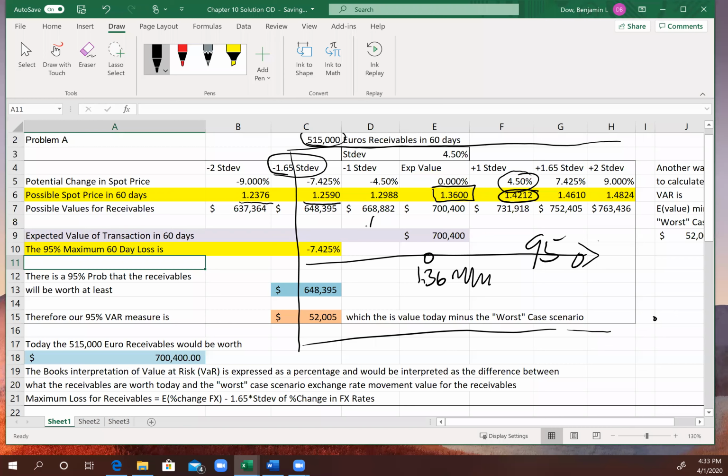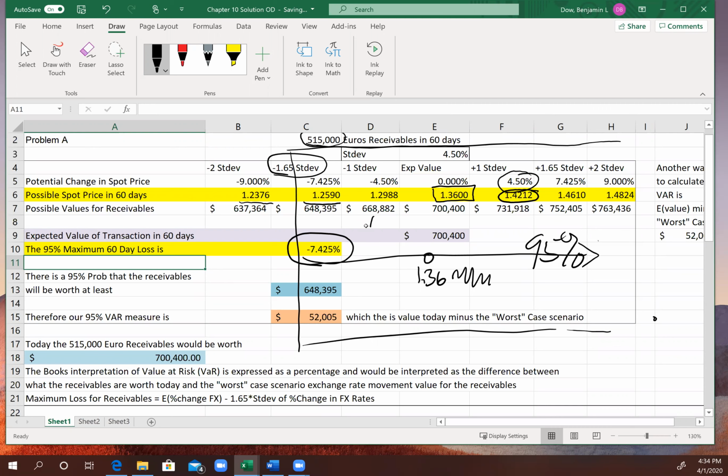And this is our value at risk over here. So we're 95% certain that the euro won't weaken by more than 7.425%. It can go up as high as it wants, because that doesn't bother us.